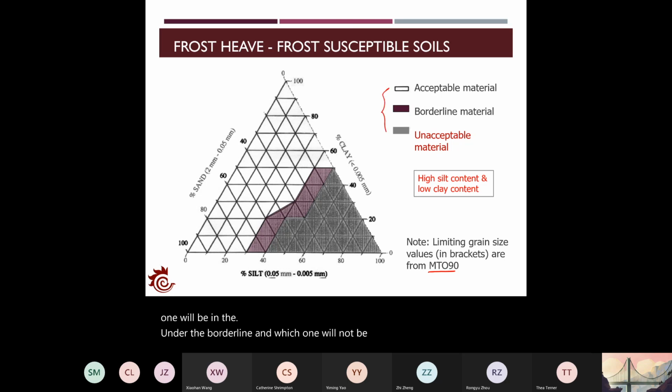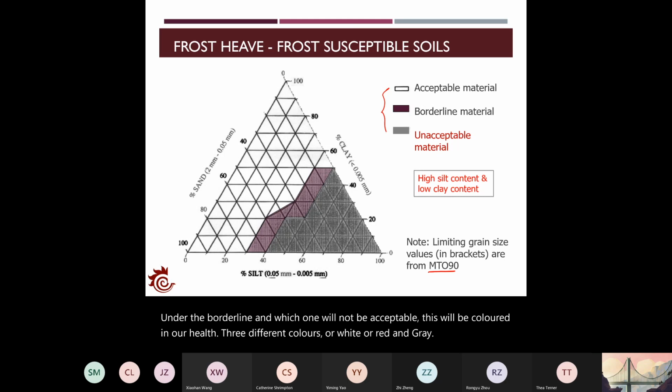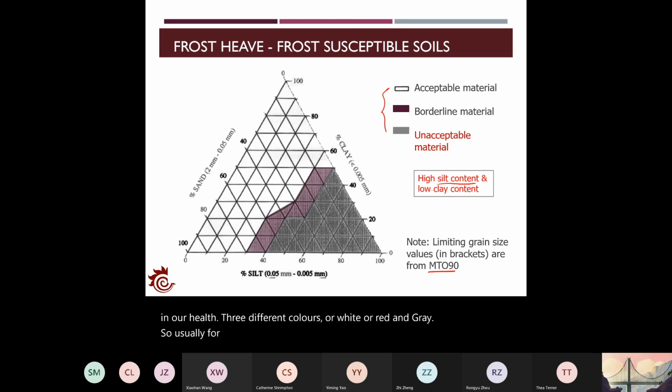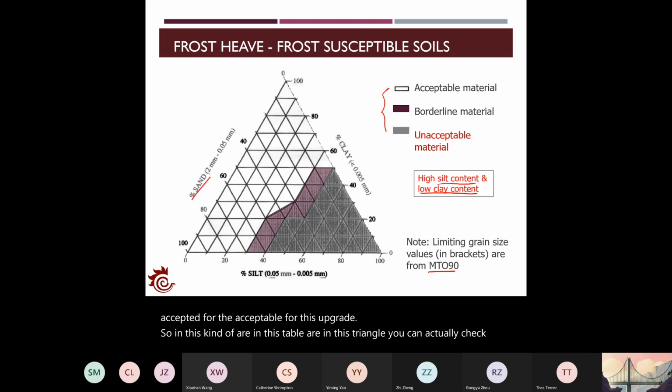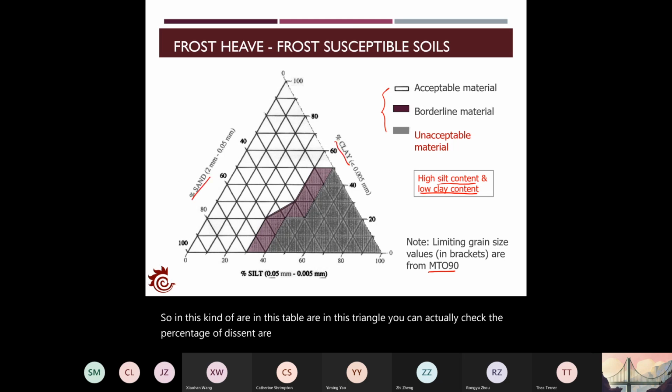This will be colored in three different colors: white, red, and gray. So usually for high silt content and low clay content, they will not be acceptable for the subgrade. In this triangle, you can check the percentage of sand, the percentage of clay, and the percentage of silt.